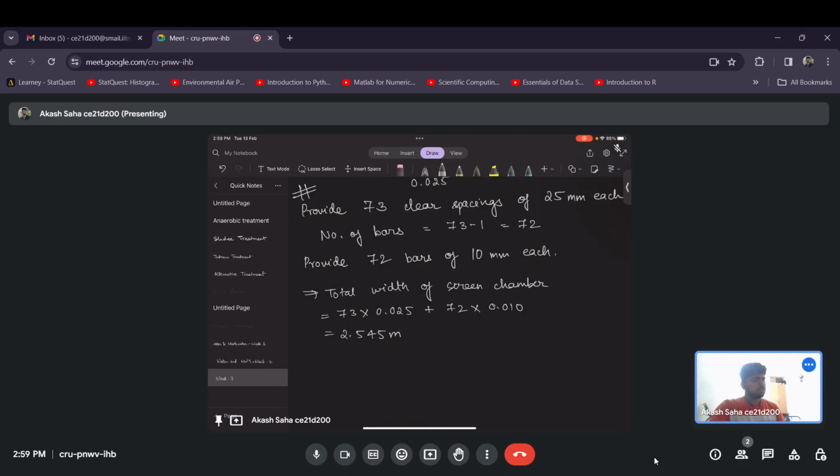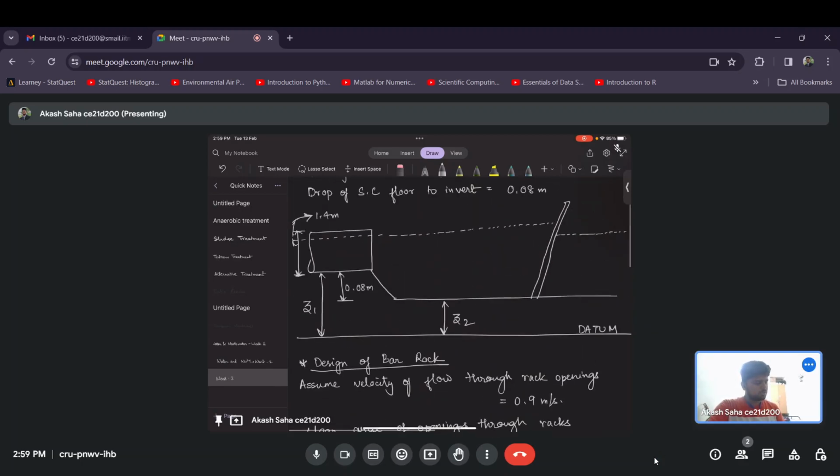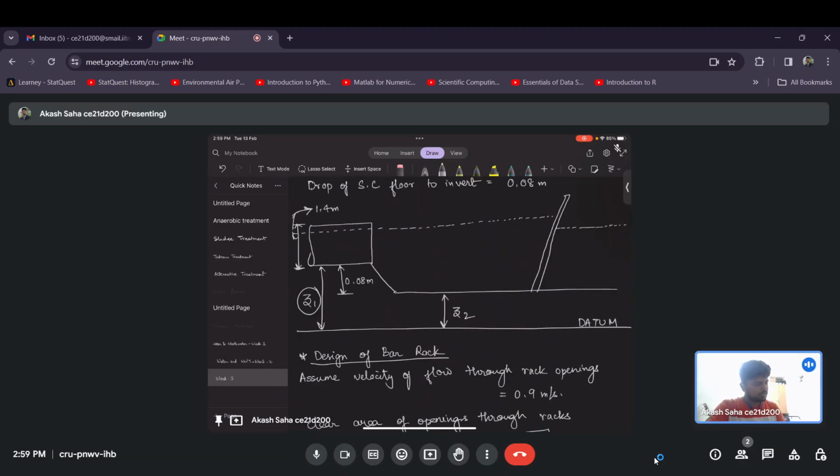Now, initially I have taken some Z1 and Z2 parameters, so now we will try to find out these two parameters. We have to find out these two distances also, because ultimately we have to find out the head loss through my bar rack.